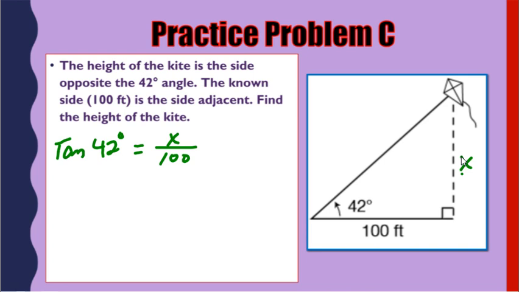So if that is the tangent, we can take the tangent of 42, get x by itself, I multiply by 100. And when we do that, I'll grab my calculator so you can see that.